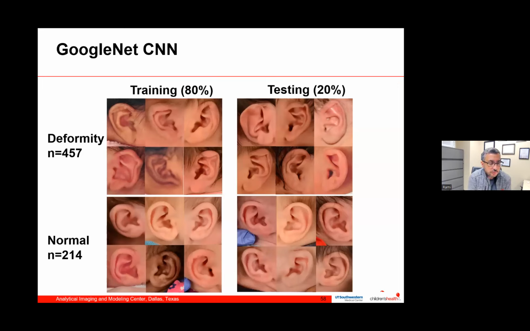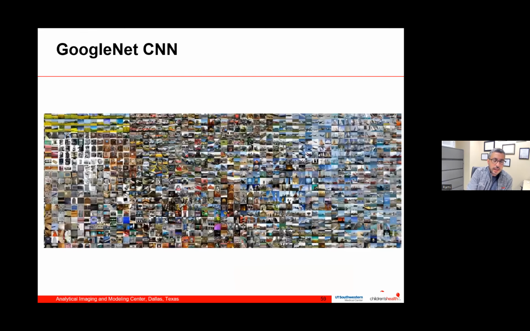I took 457 ears that are deformed and 214 ears that are normal. And I split the data into 80% to train the computer and 20% to test it. I used the GoogleNet CNN, a pre-trained model that Google trained on many, many images, I think more than a million images.